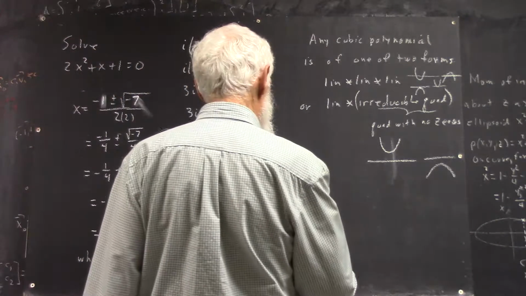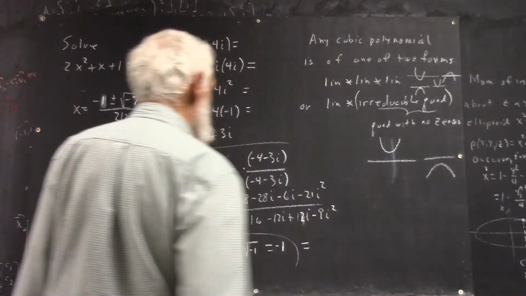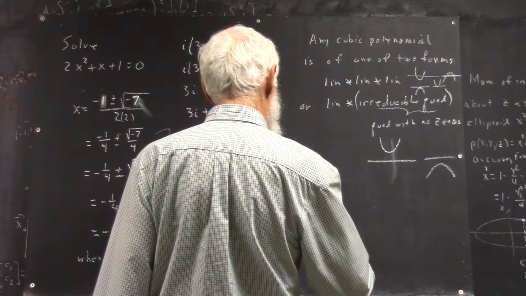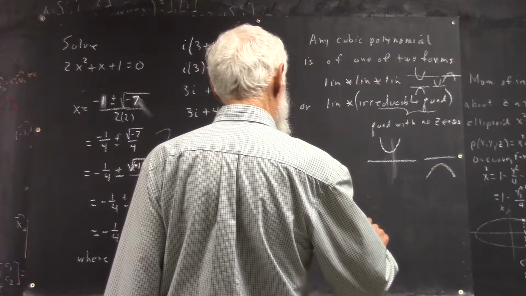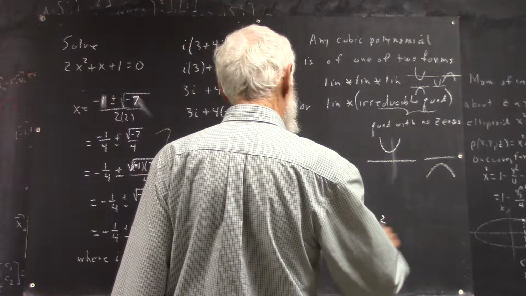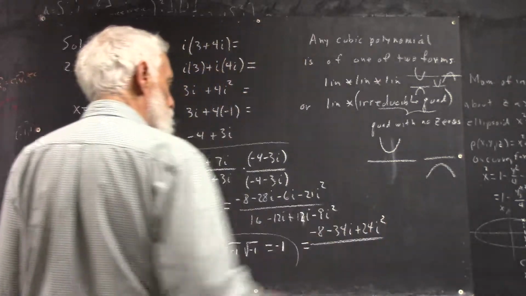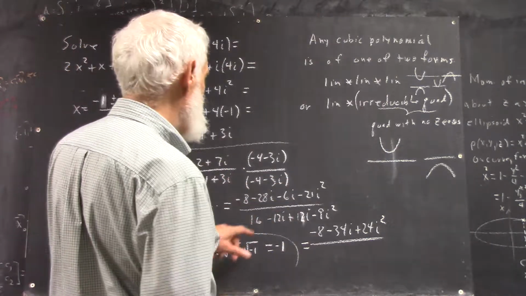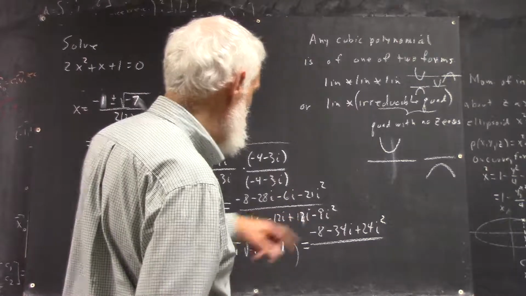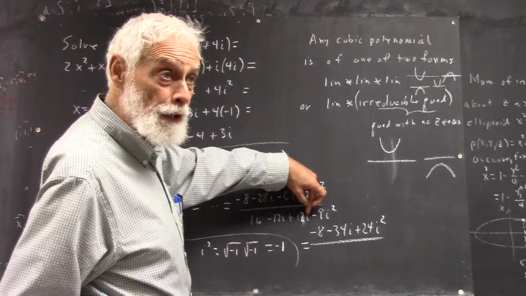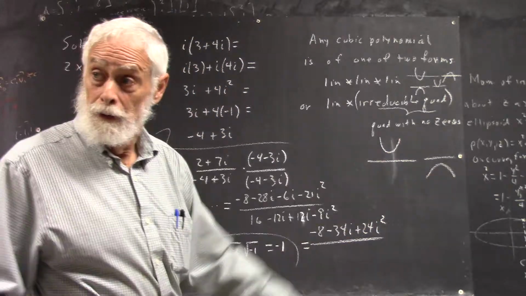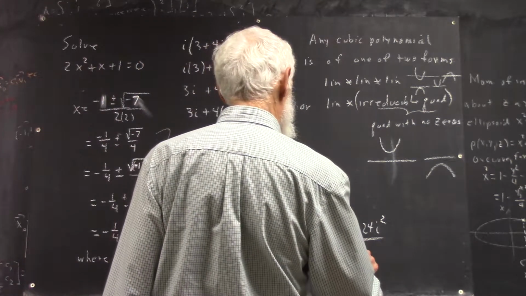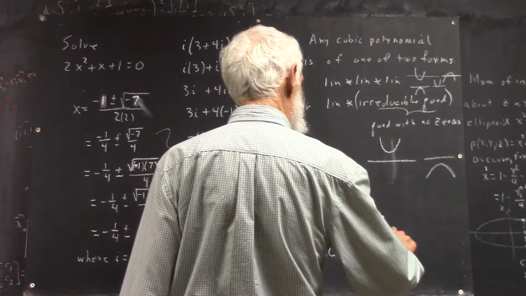So let's combine like terms. Now we could have taken care of i squared at the same time, that's the other thing, but we'll do that next. Okay, and down here we combine like terms. Well, we have a negative 12i and a 12i, they go away, right? So we have 16 minus 9i squared.